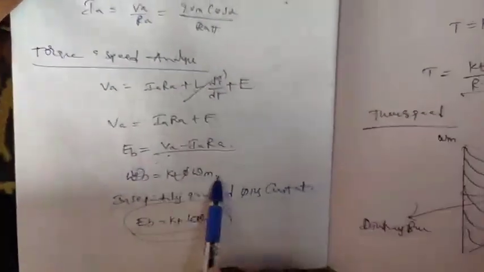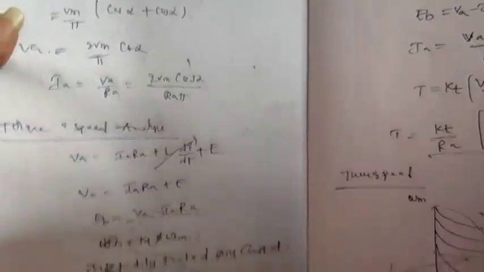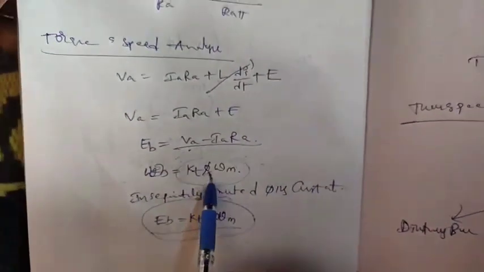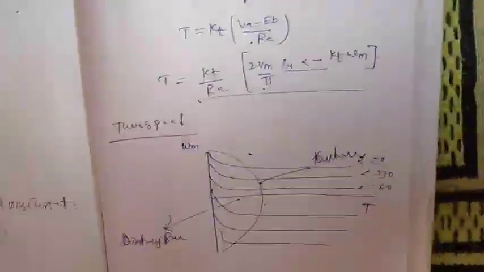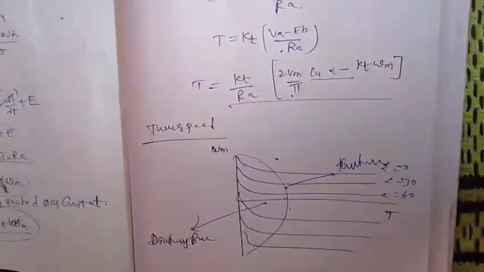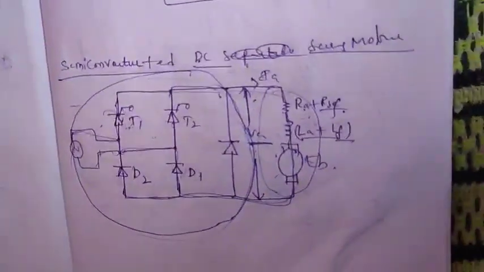In the torque speed characteristics, for separately excited phi is constant, for series motor phi is directly proportional to Ia. We can replace that. So tomorrow's class we discuss fully controlled converter fed DC series motor. Today's class we discussed semi converter fed DC series motor. Okay, thank you.